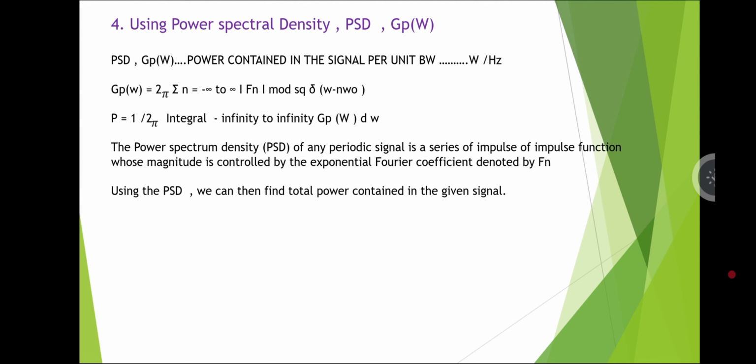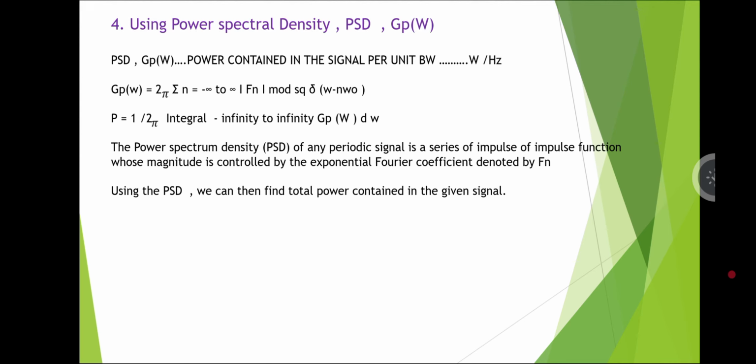Now the fourth one is the power spectral density, G(w). The power contained in the signal per unit bandwidth is watt per hertz. See the relation here. P is equal to 1 upon 2 pi integral from minus infinity to infinity of G(w) dw.